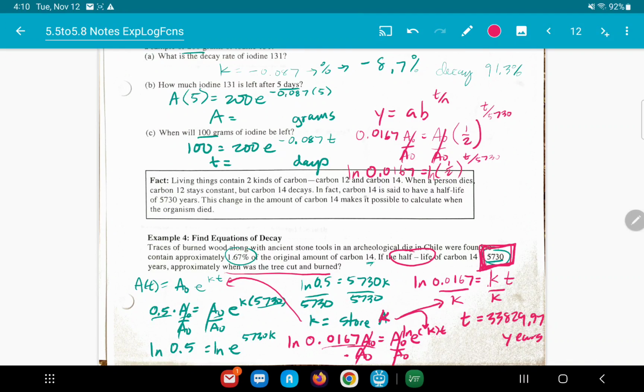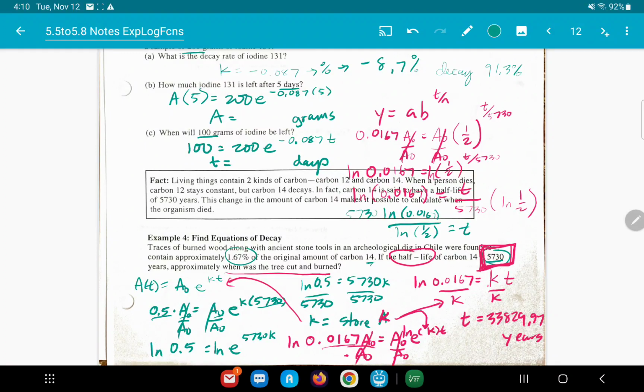When I ln both sides, I'll get ln of 0.0167 is equal to, and then I can bring down the t over 5730, and that's multiplied by ln of half. And then at this point, I'm going to go ahead and just move my numbers around. In my final form, I'm going to get 5,730 times ln of 0.0167 and divide that by ln of half, and that should give me my t value.